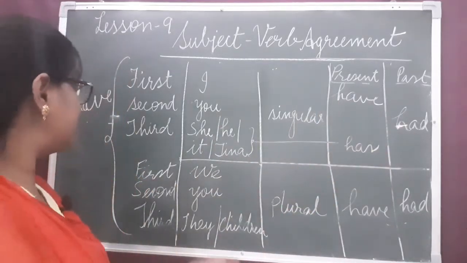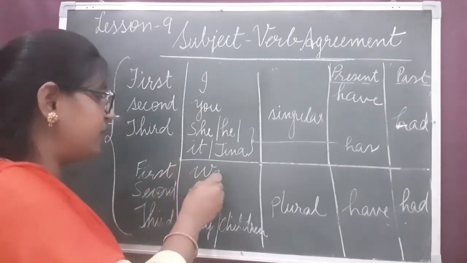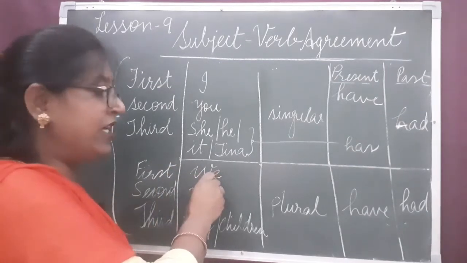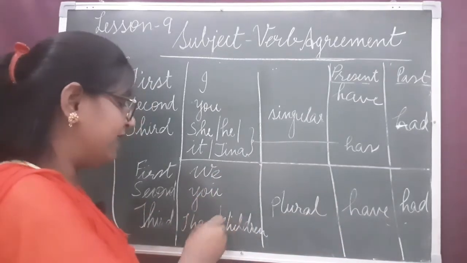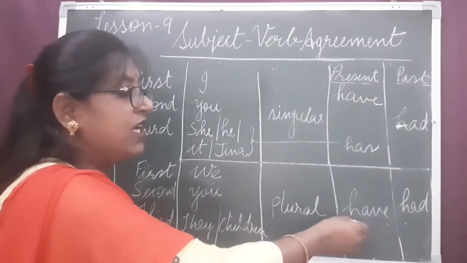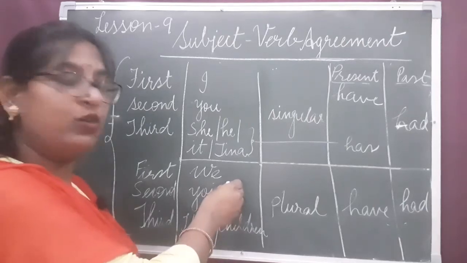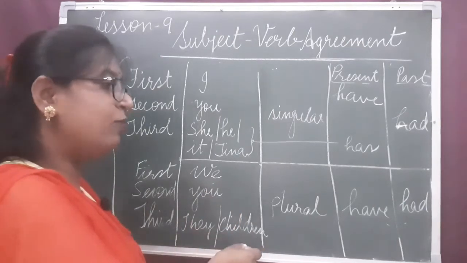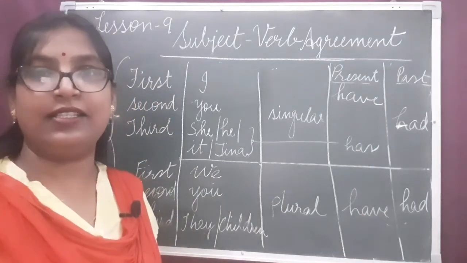And when the subject is we, that is first person plural subject, we use have with it. With you also and they or any plural subject, we use have in present tense, and with all these pronouns we, you, they and any plural subject, we use had in the past tense.